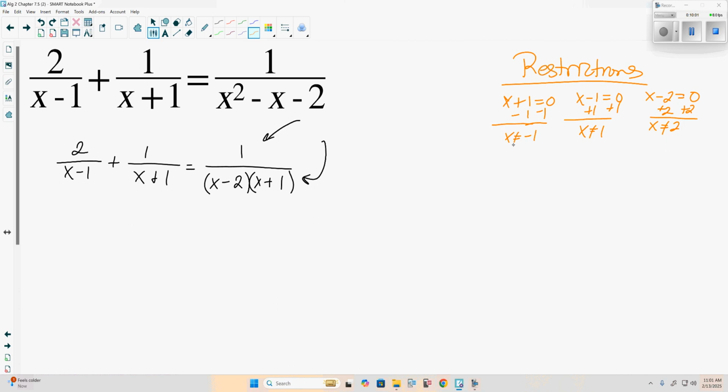So this time we actually have 3 restrictions. It can't be positive 1, negative 1, or 2. So if we get any one of those 3, we have to throw that value out.